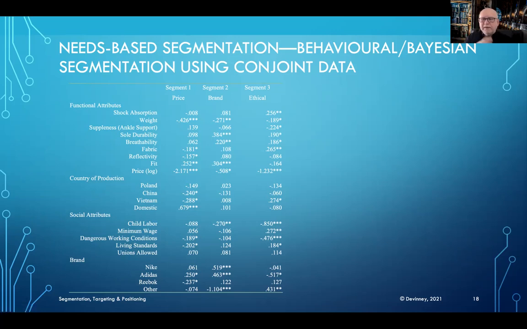Well, it wasn't quite that brutal, but basically individuals under the age of 16 worked in production, whether minimum wages were paid or local wages that potentially were below minimum wages, et cetera. Where was it produced? And then a whole series of functional attributes: shock absorption, weight of the shoe, on down the line, and then price.